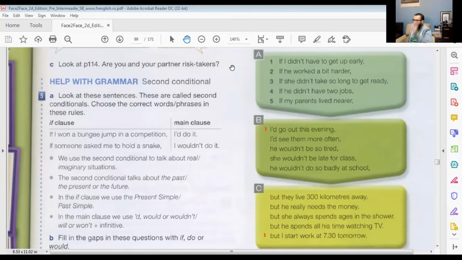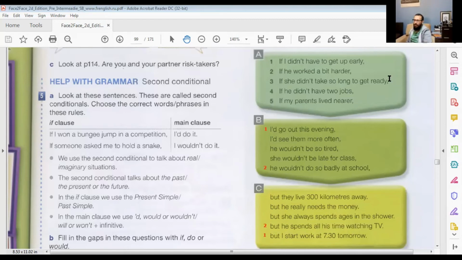So, number 2. If he worked a bit harder, he wouldn't do so badly at school. But he spends all his time watching TV. Right. And number 3.